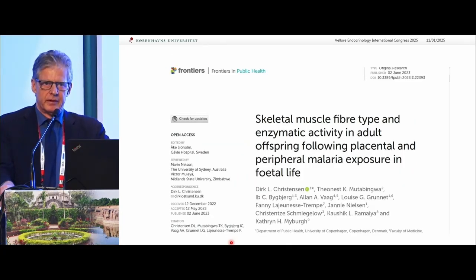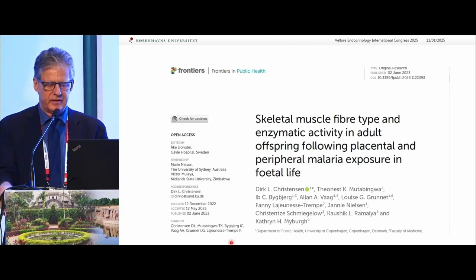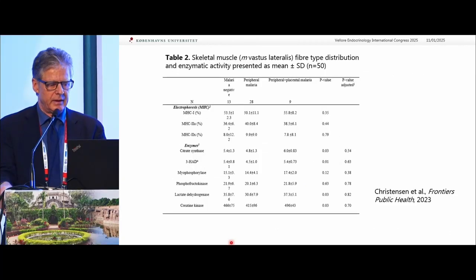The other paper from this study was on skeletal muscle fiber type and enzymatic activity. We wanted to see, did the placental infection have an impact on skeletal muscle distribution?